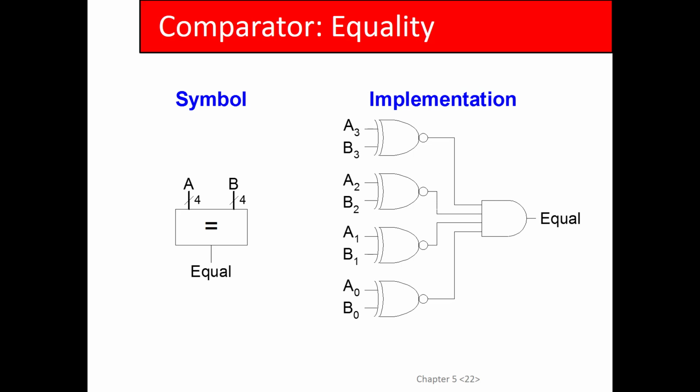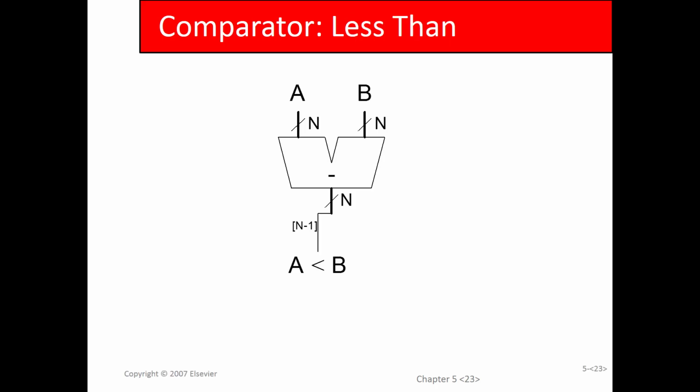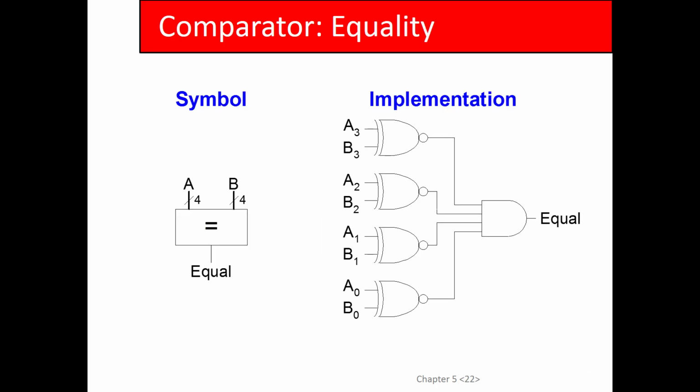There's a bubble there. It's an XNOR because the extra line makes it an XOR, and the bubble makes it an XNOR. XNOR is true if both inputs are 0 or both inputs are 1. And so if all the outputs of those gates are 1, that means all of the corresponding bits of A and B match up, so they're equal, right? Is there a better way to do that?